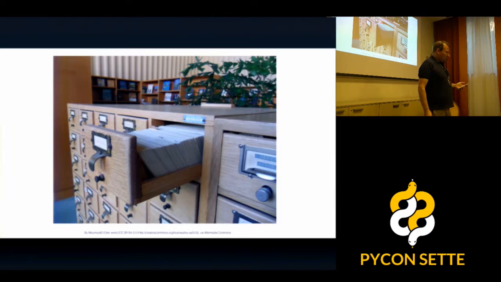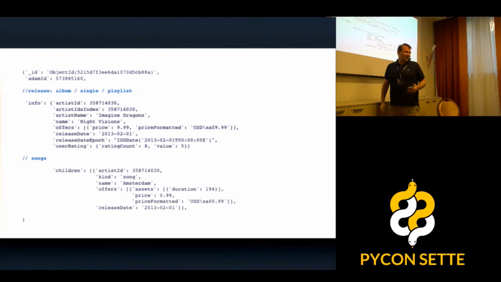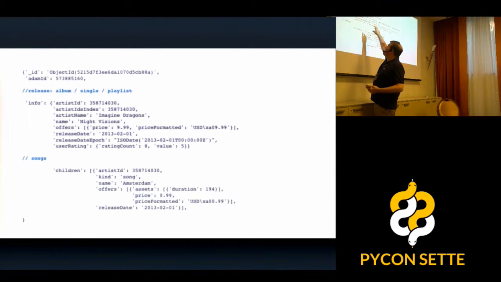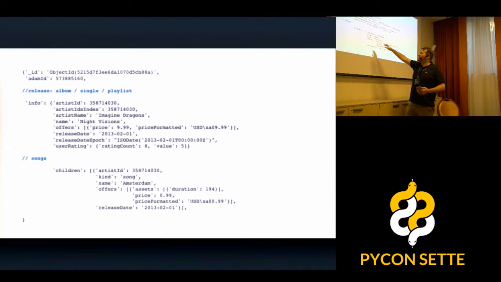I'll show you a quick example of a typical document we're going to work with today. We're working on a complex data set, but it's not super huge, about 45 gigabytes. It's a collection from the iTunes music store: playlists, albums, singles. There's an info block, which is the album information, artist and title, and a children array with the individual songs on that album.